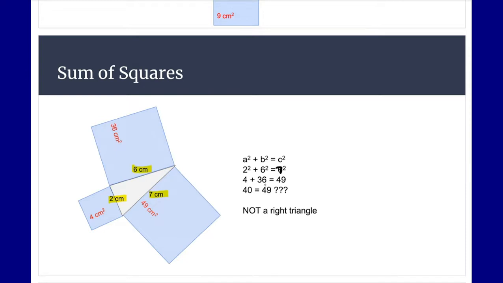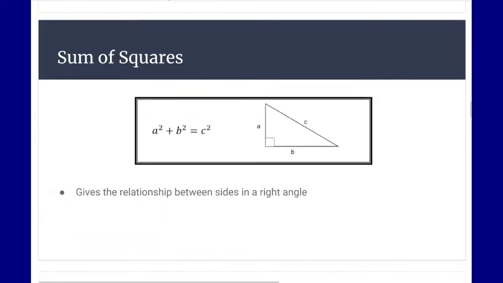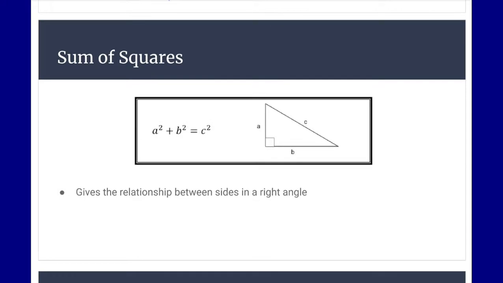We can see that 4 plus 36 should equal 49. 40 equals 49? No, it doesn't. So that means this is not a right angle triangle because it does not allow for this theorem to work. So again, generally speaking, the formula a squared plus b squared equals c squared gives the relationship between sides in a right angle triangle.